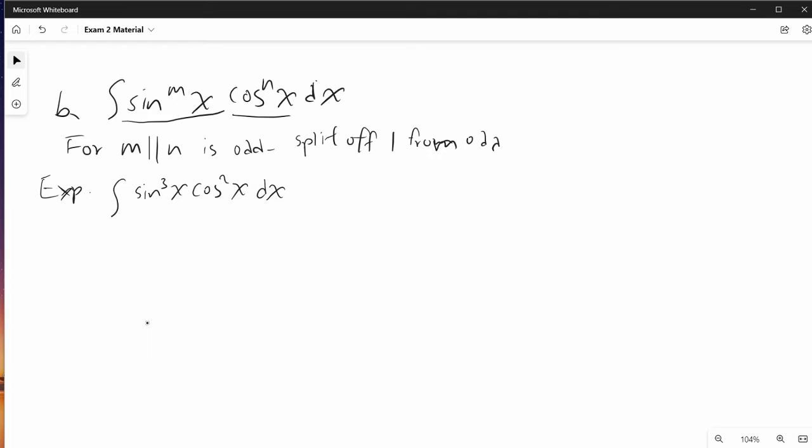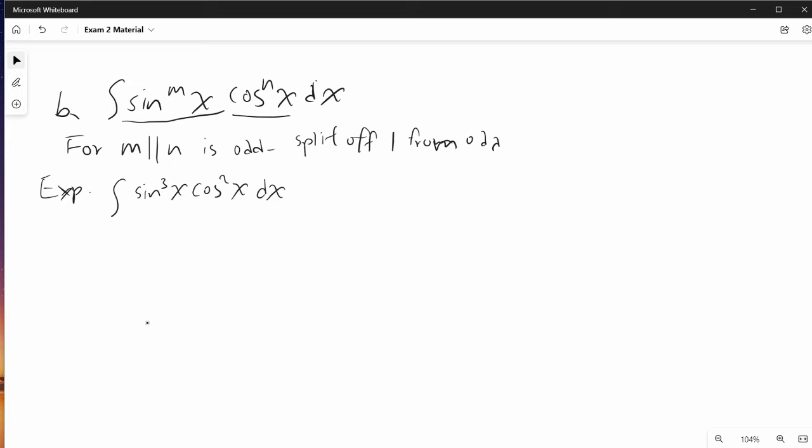One, m or n is odd, right? It has to be an integer and positive. But if one of them is odd, you can split one of the powers off from the odd one. And I'll show you.